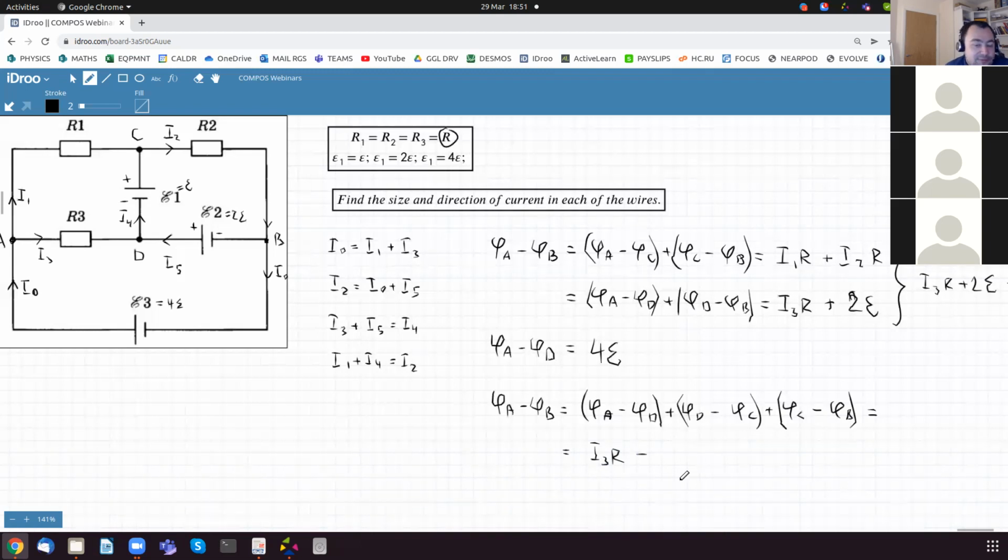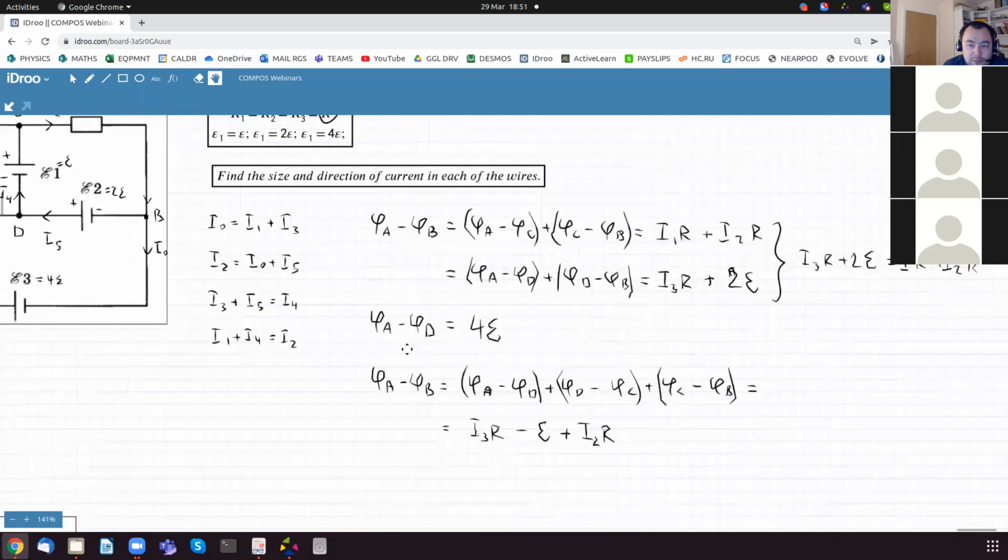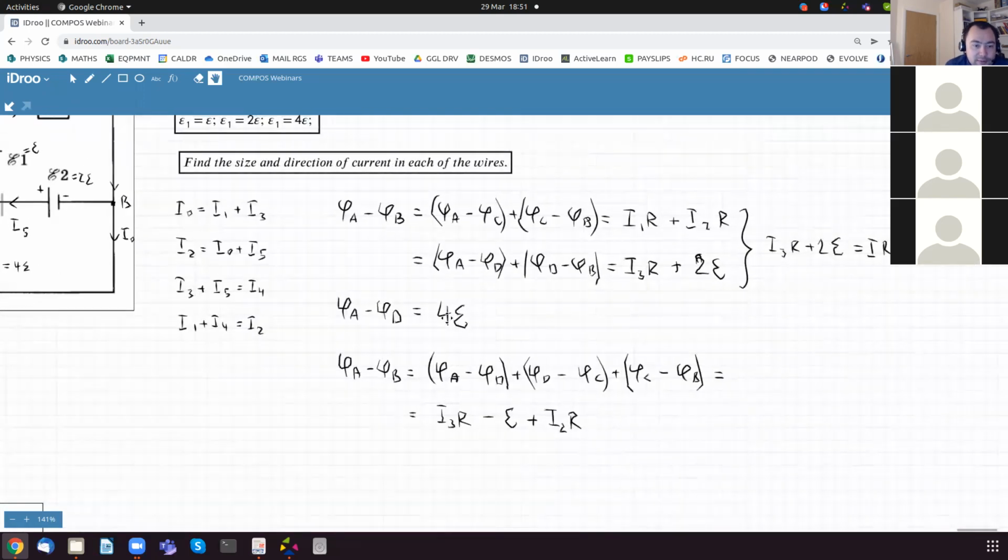So it's going to be negative EMF, plus C minus B, so it's I2R. And once again, they're equal. This is equal to that.